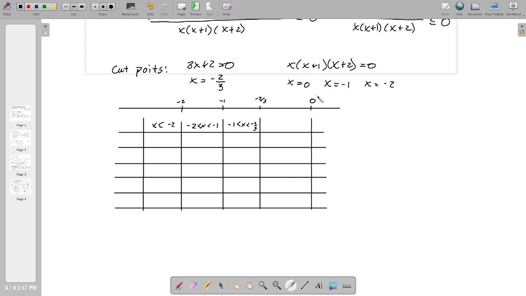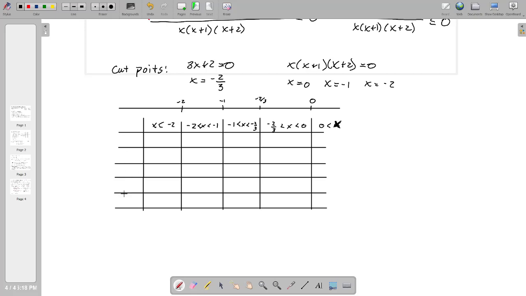And this should be obvious because we're plotting them on a number line, and the number line is always in increasing order. And then, of course, here we have -2/3 is less than x is less than 0, and then x is greater than 0 here. So these are our intervals.